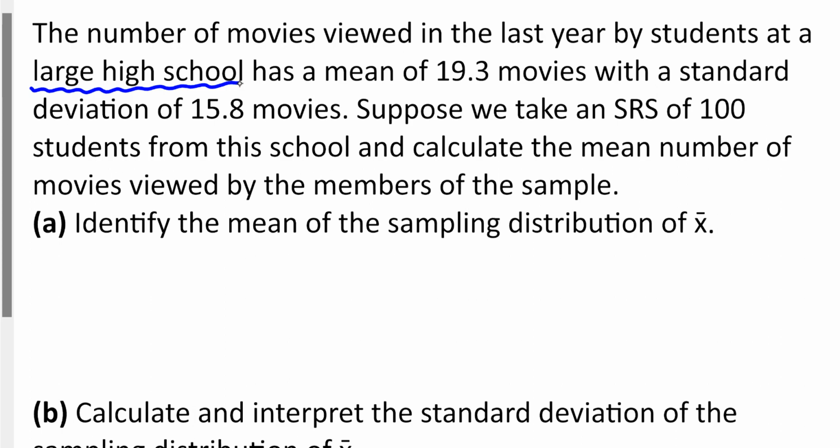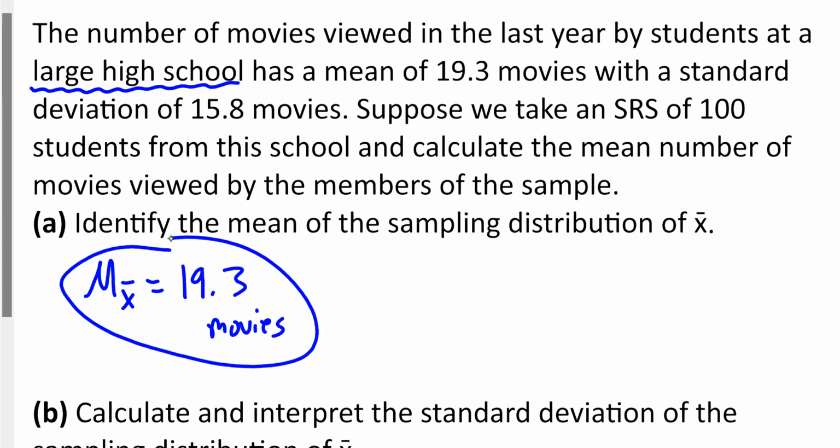Identify the mean of the sampling distribution. Okay? Well, the mean of x bar, of all the x bars, is going to be 19.3 movies. We said it should be the same as the population mean. So we're good to go there.